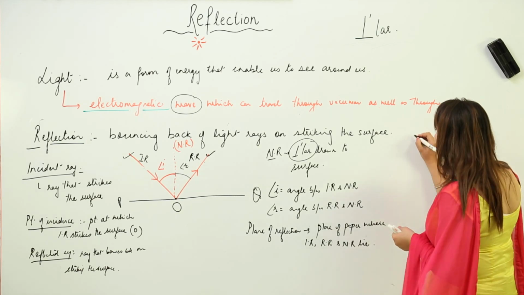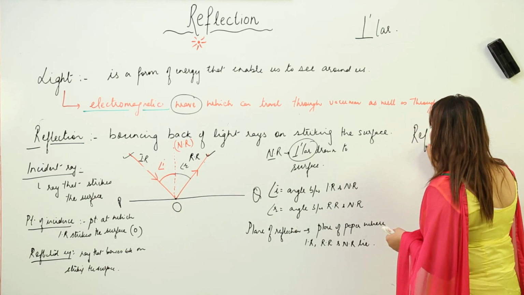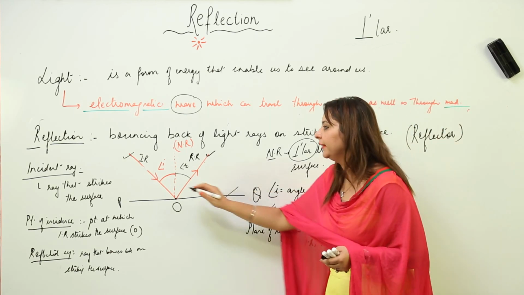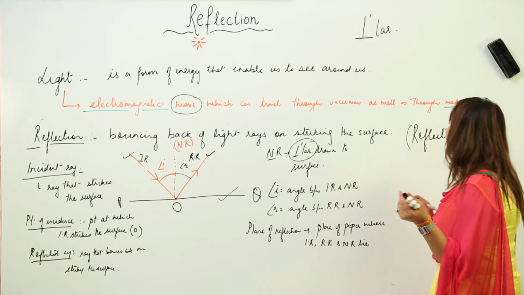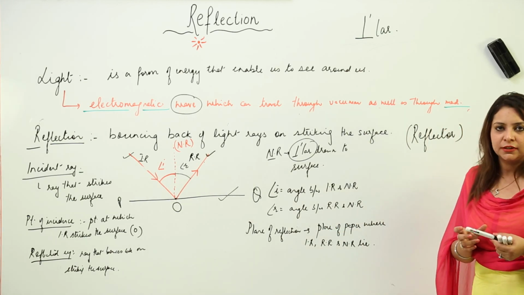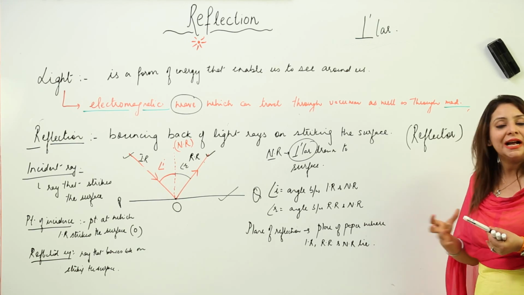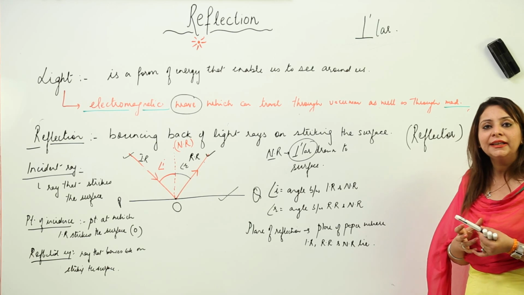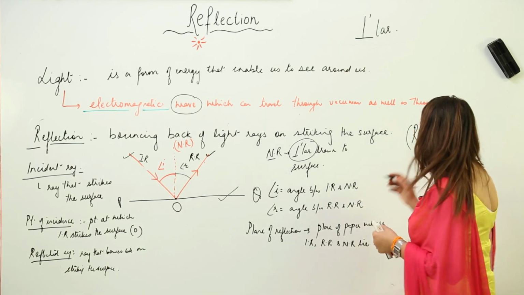Whenever we talk of a reflector, as you can see, this surface is acting as a reflector, that is why it is bouncing the ray. So what are the characteristics of a good reflector? That means, what substance is regarded as the best reflector and what criteria does it fulfil?